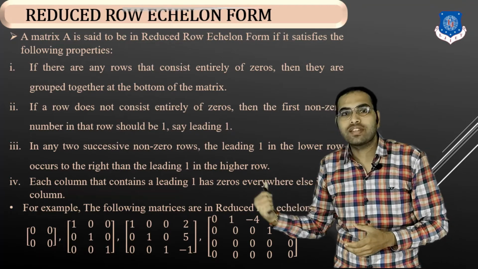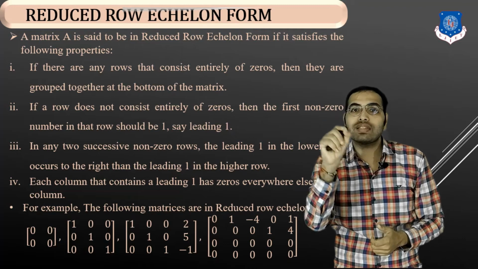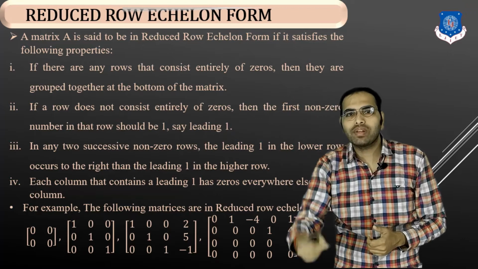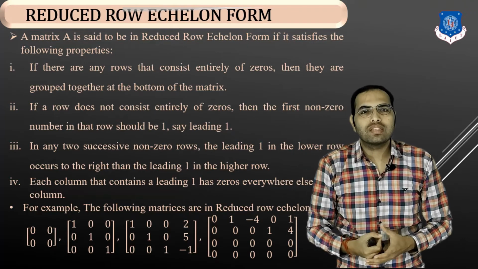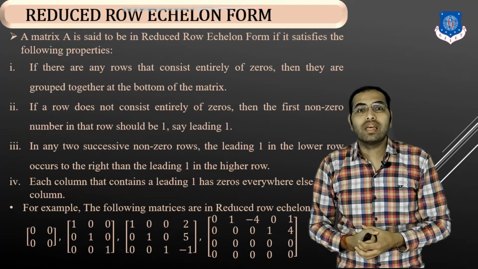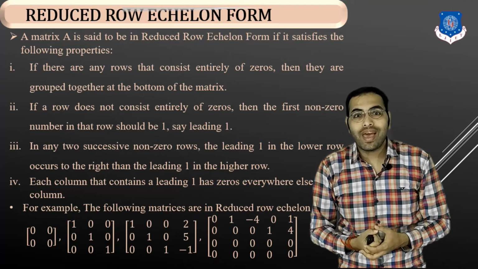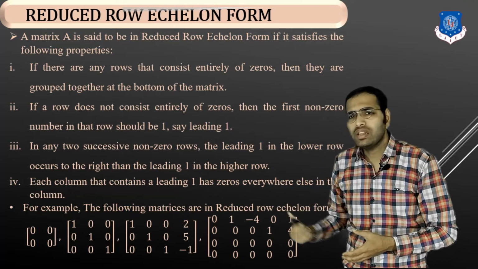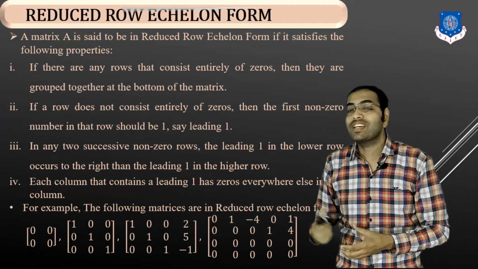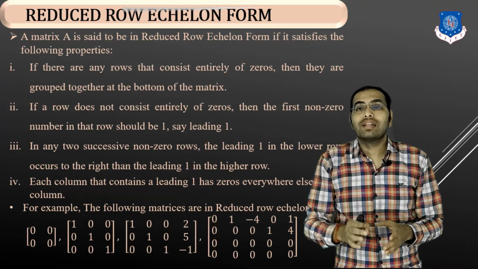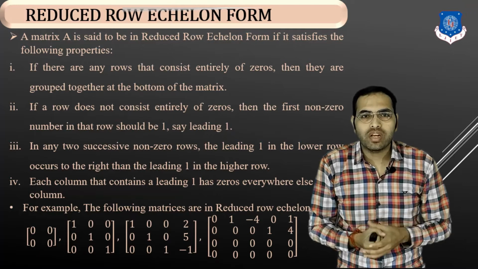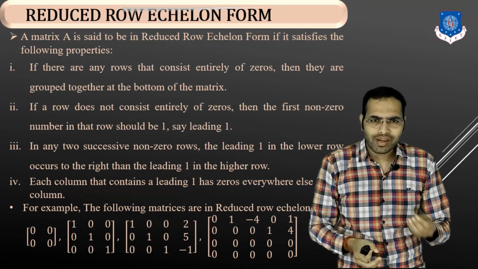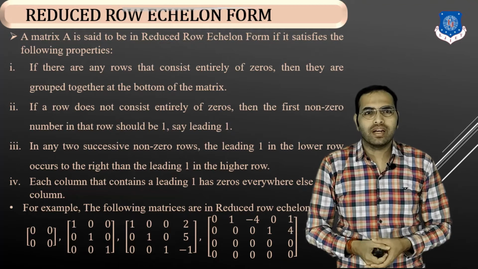In the fourth example, the first element is 0, so it is not necessary that it should be 1. There, the first row has its leading element in the second column, which is 1, and all the remaining entries in that column are 0. It is also not necessary that every column has a leading element. In the third column, with entry -4, the leading element is absent at that position, so any value may be present, such as -2, -3, 2, 3, etc.